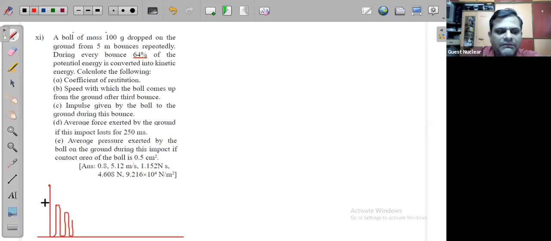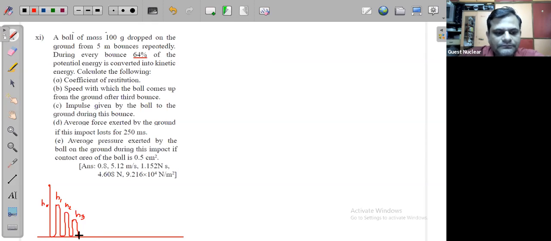So the initial height we can just assume as h naught, as we have done in the case of theory. The height attained after the first bounce can be supposed to be h1, and the height attained after the second bounce can be considered as h2, and in the same way the height attained by the ball after the third bounce, suppose this is h3, we can say.